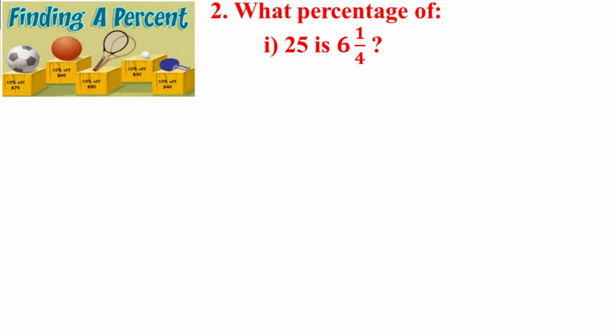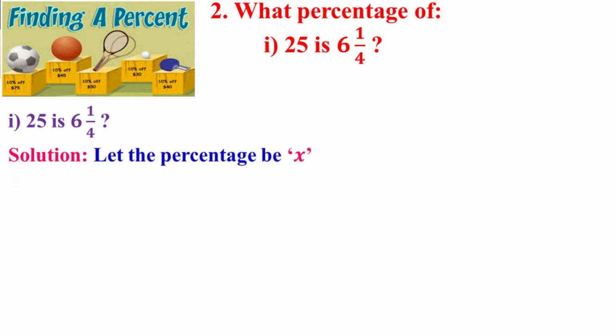So, let the unknown percentage be x. We have to find the value of x here. Now, you have to replace in the question that x in the place of percentage. So, it can be written as x percentage of 25 is 25 by 4.